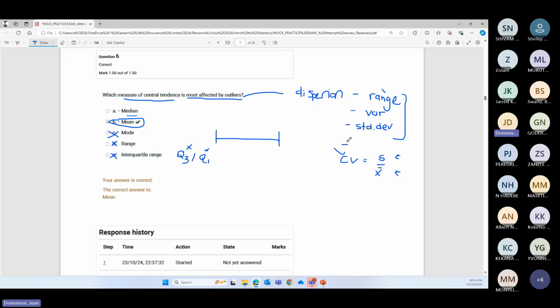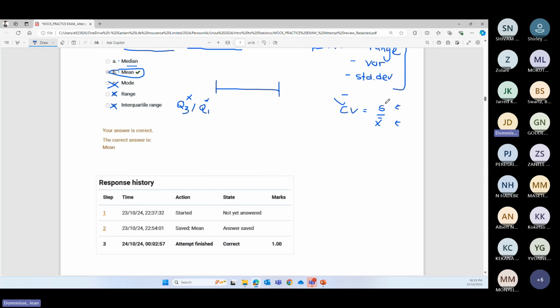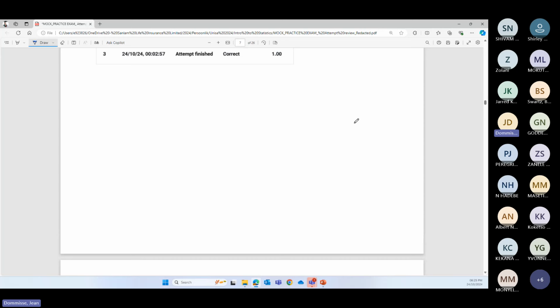But it is a lot. So they will probably ask you which one is not affected, because so many are affected. Not affected would be your interquartile range, which is nearly the only one. All the others somehow have a link.